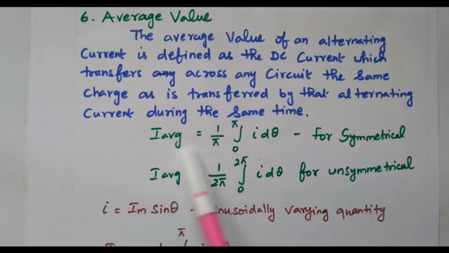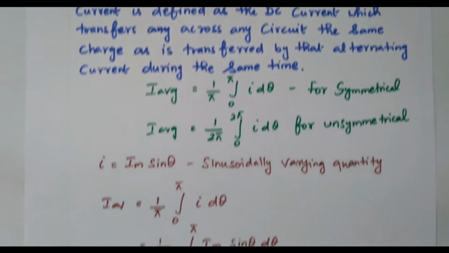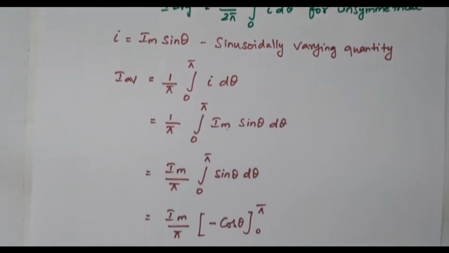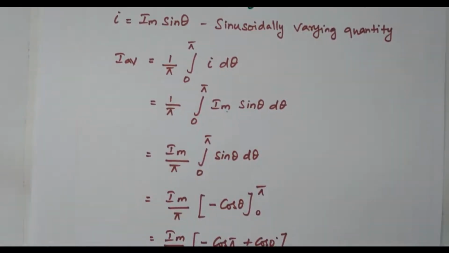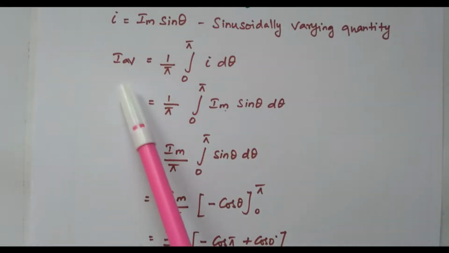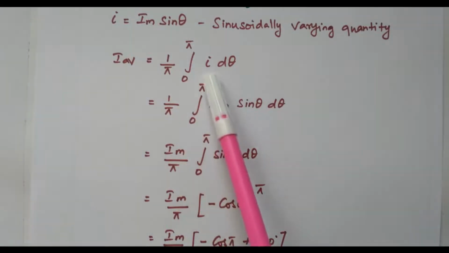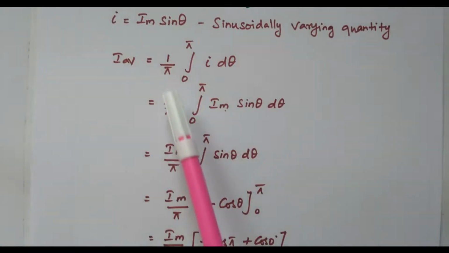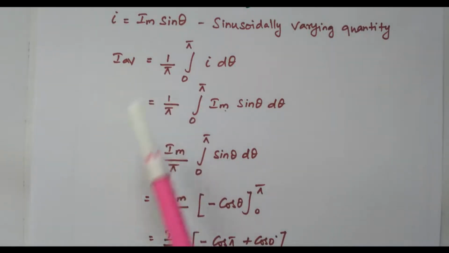Now we'll go for this average value. We'll substitute this I as Im sin theta. Now we'll find the average value of the sine wave. So I average equals 1 by pi, 0 to pi, I d theta. Because of symmetrical, we consider only 1 by pi.